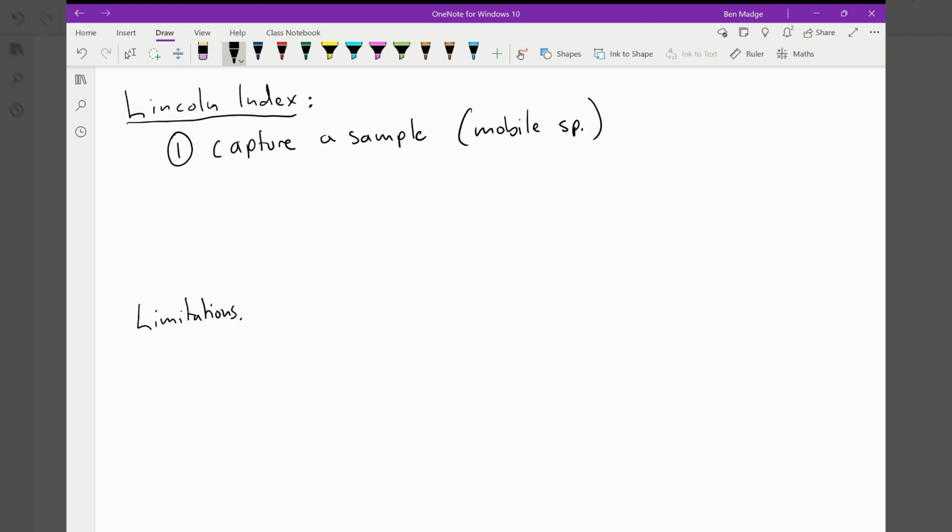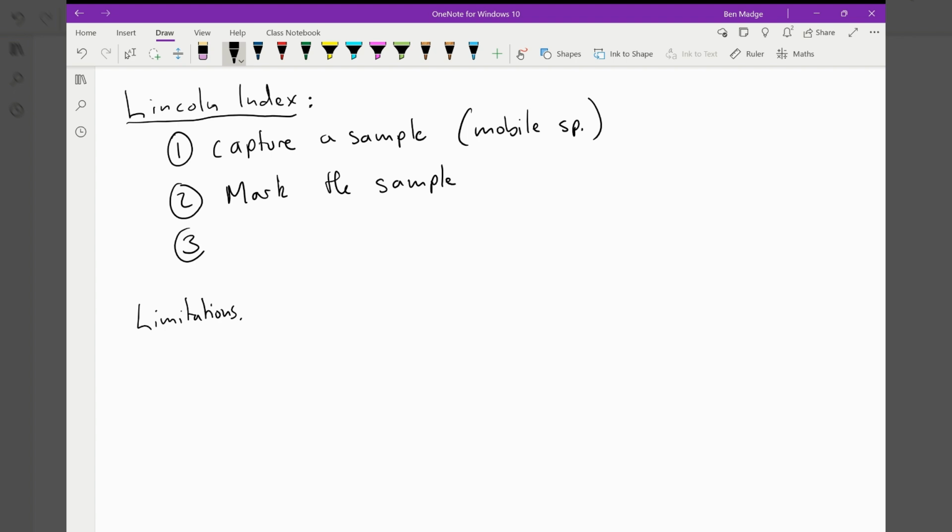Okay. We then mark the sample, and the mark needs to be permanent, so it doesn't rub off or anything like that in water, but it needs to make sure that it doesn't affect the ability of the animal to survive.